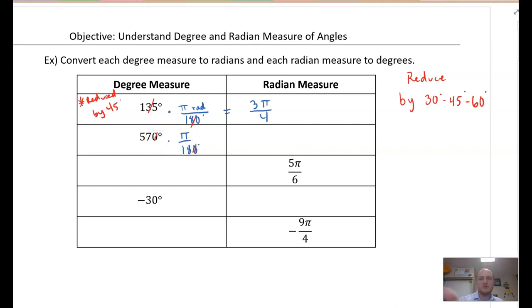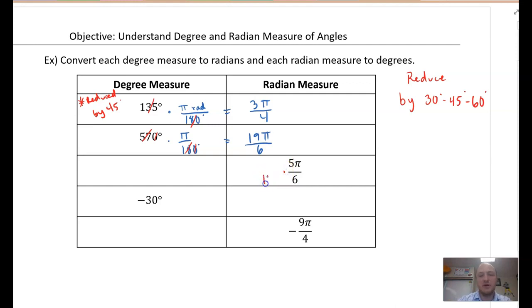Well, I'm going to reduce by 3, right? So I'm reducing by 30. And if I do this, we get 19 pi over 6. And there it is, that's radian measure. Very simple. Okay, what about if I go from radians to degrees?